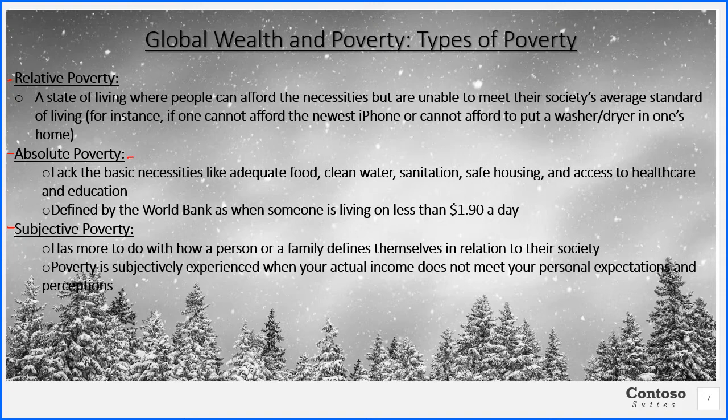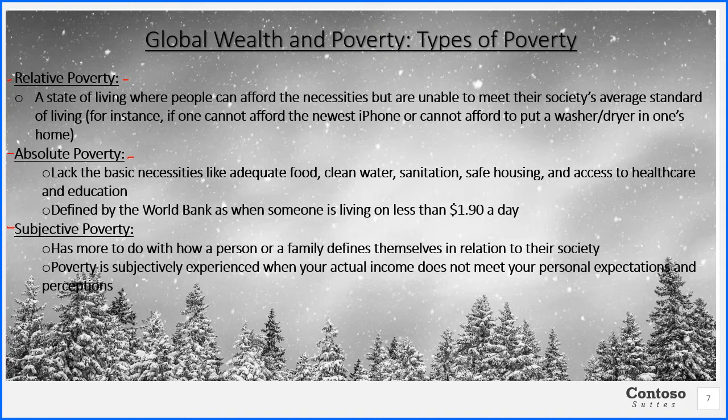So absolute poverty is when you absolutely lack these basic necessities like food, clean water, sanitation, safe housing, access to healthcare and education. Certainly there is absolute poverty in the United States, but relative poverty is more common. We see more absolute poverty in places like Bangladesh and India, again, those peripheral nations.